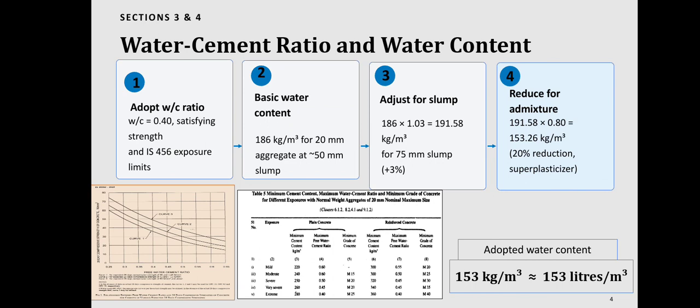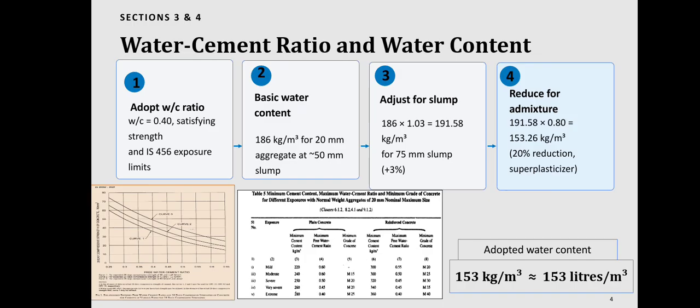So next, water cement ratio and water content. We adopt a water cement ratio of 0.4, which satisfies both our strength requirement and the IS 456 durability limit for moderate exposure. The water cement ratio is obtained from the figure, the chart given here, which is taken from IS 10262-2019. Next, water content.